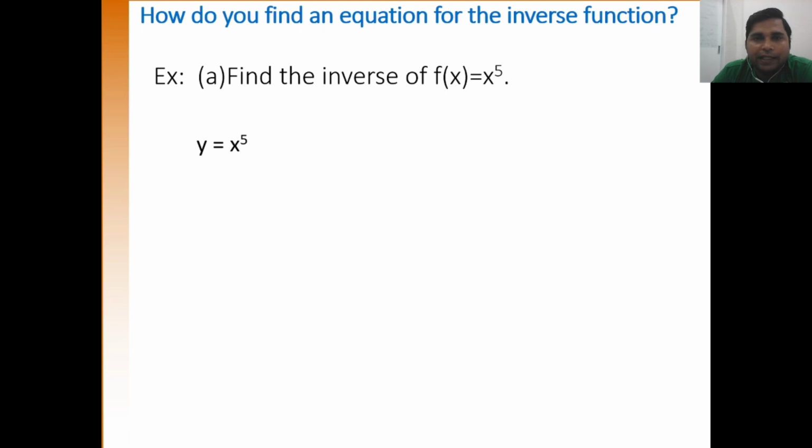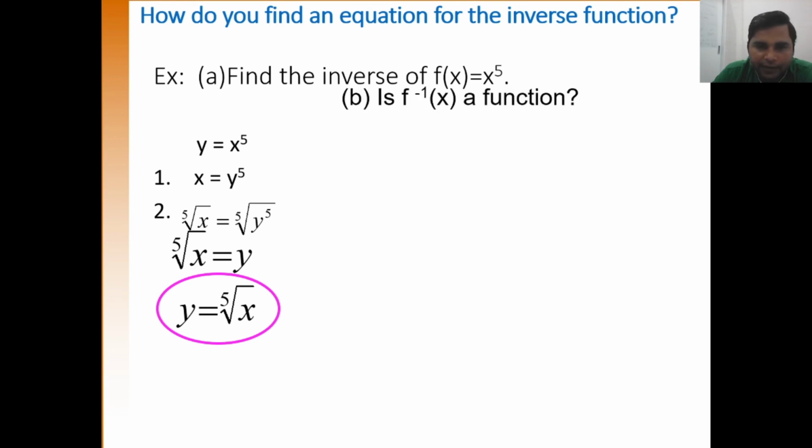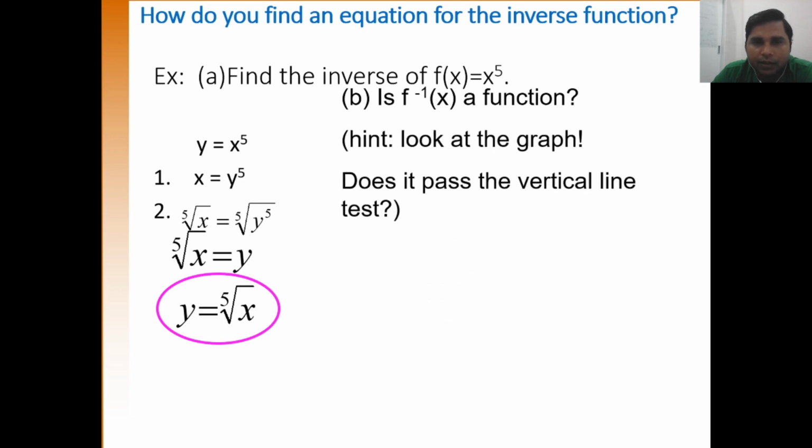Find the inverse of f(x) is equal to x to the power 5. So we write y is equal to x to the power 5, then replace y with x and x with y, and make y the subject. And then you will get, finally, y is equal to the fifth root of x. So f inverse x is the fifth root of x. Does y is equal to the fifth root of x pass the vertical line test?